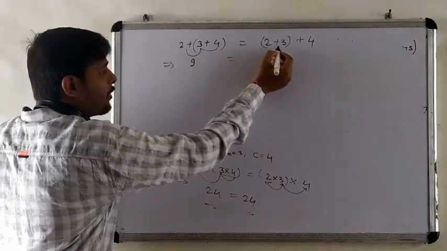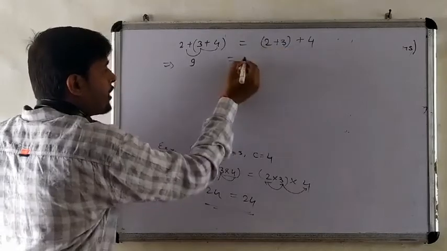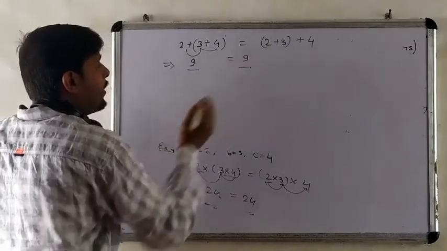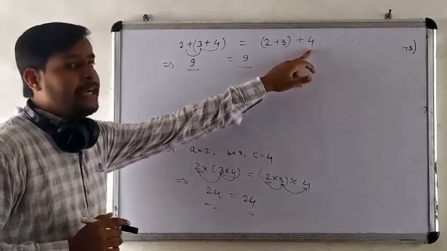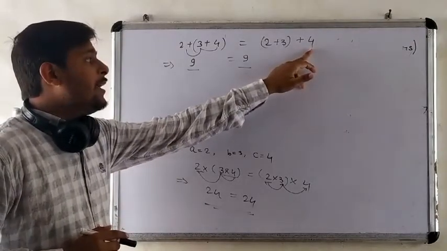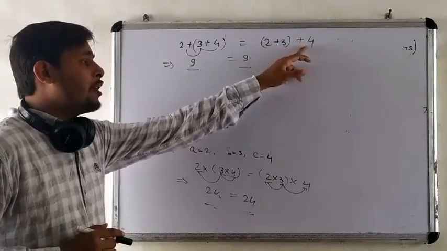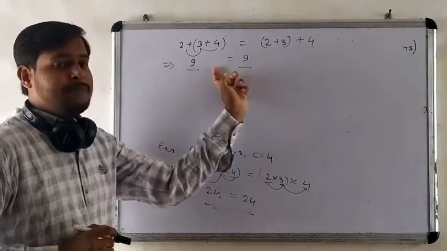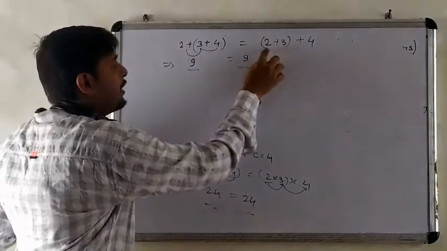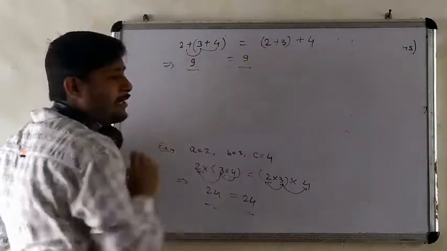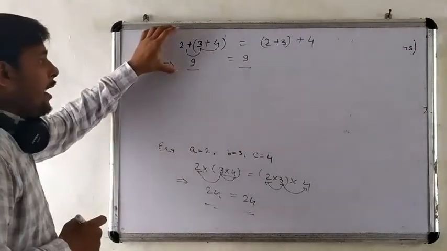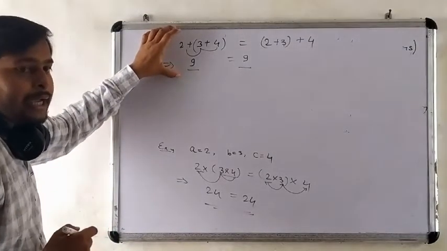Similarly, 3 plus 2 is 5, 5 plus 4 is 9. Means we can add given integers in any order, but the result is same. This is associative property for addition.